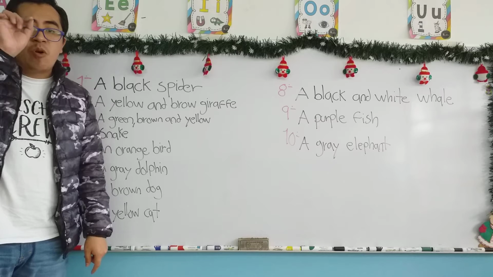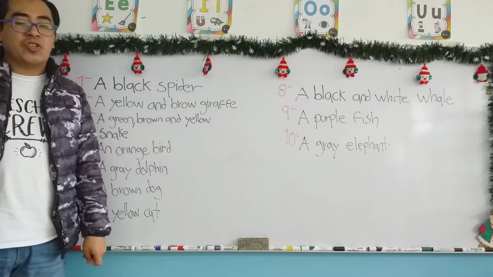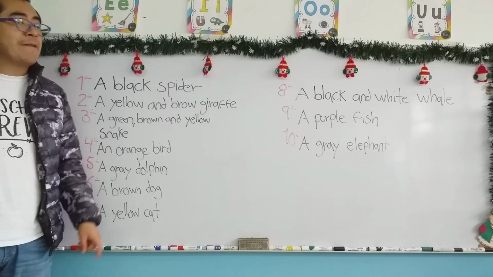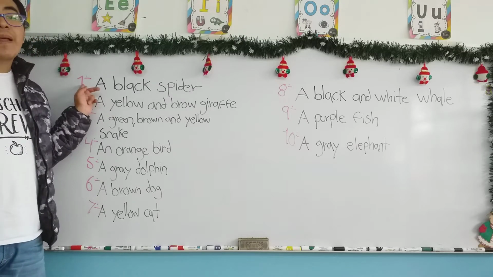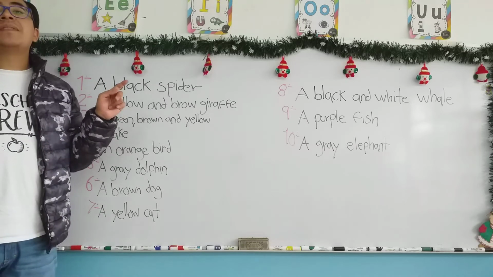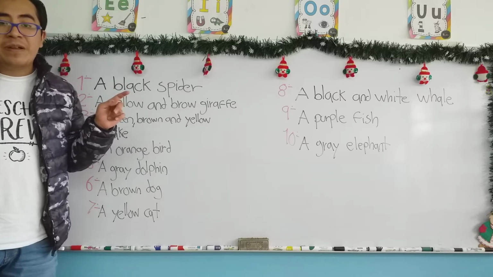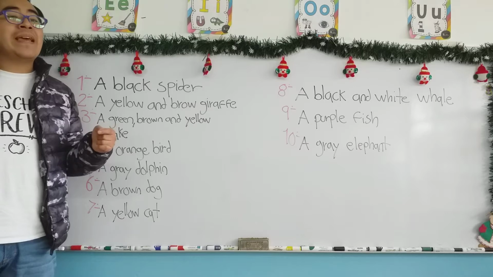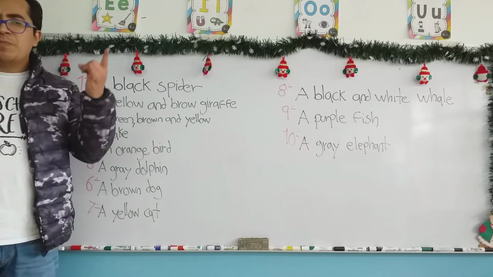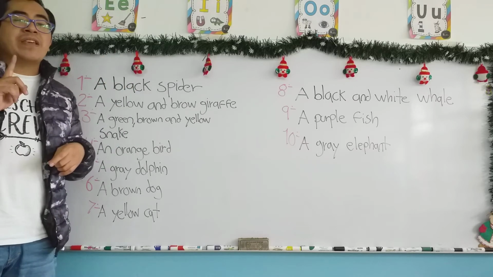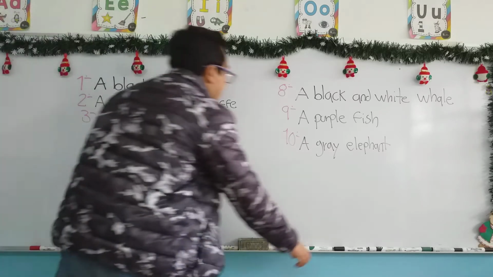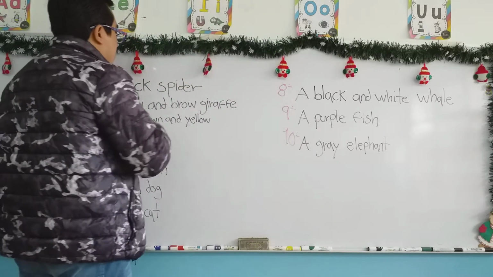So, let's begin with sentence number 1. First, with the drawing of the picture. Primero, recuerden, comenzamos con el dibujo del animal. It says, number 1, a black spider. Now, it's very important that we pay attention because I said spider, not Spider-Man. Spider, just the insect. So, a black spider.